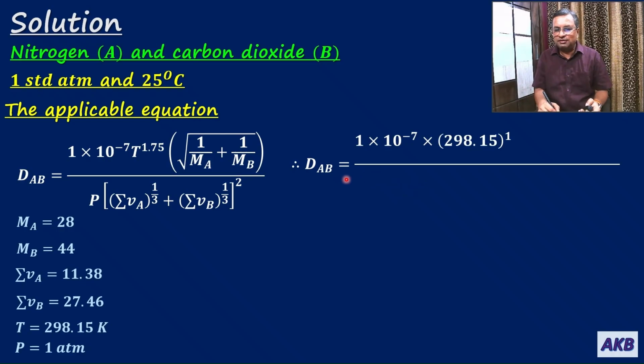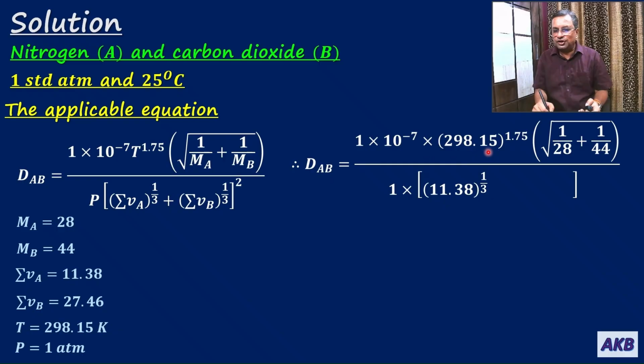Therefore, dAB will be equal to 1 into 10 to the power minus 7 into 298.15 raised to 1.75 into under root of 1 by 28 plus 1 by 44 divided by 1 into 11.38 raised to 1 by 3 plus 27.46 raised to 1 by 3 and square of this sum.